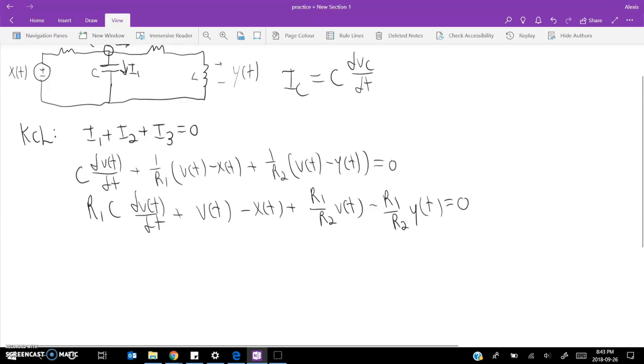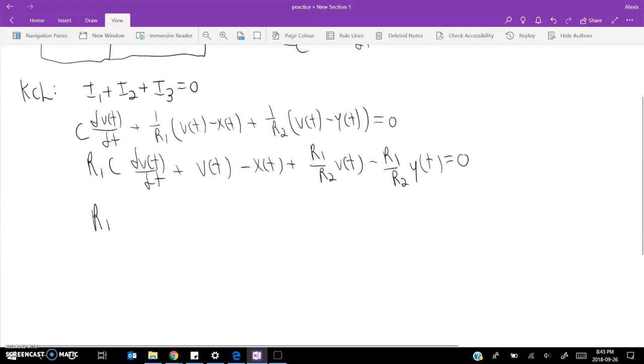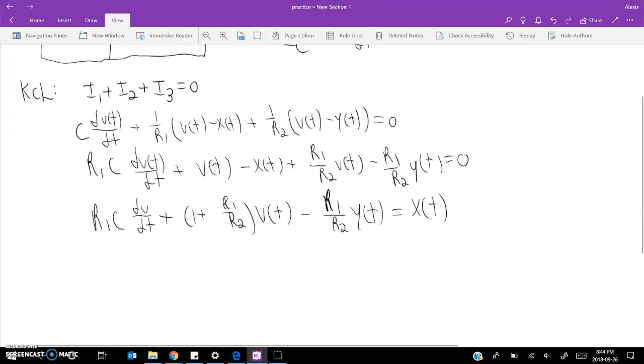So we're going to further simplify this equation, and we are going to obtain R1 multiplied by the capacitance times the derivative of V plus, in brackets, 1 plus R1 divided by R2 multiplied by V of t minus R1 divided by R2 multiplied by Y of t, and all of this is going to equate to X of t, which is brought to the other side of the equal sign.